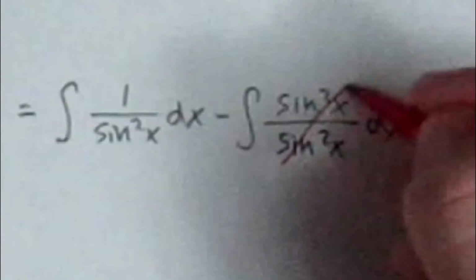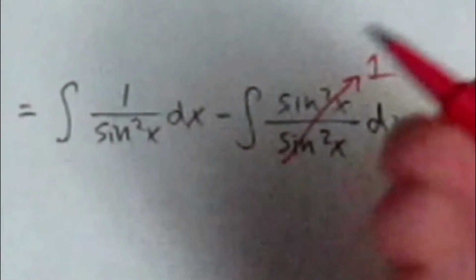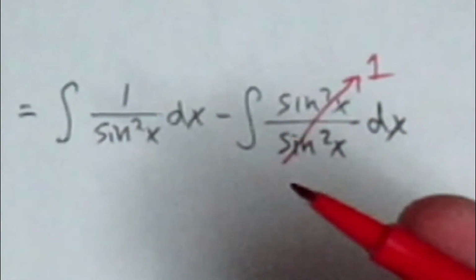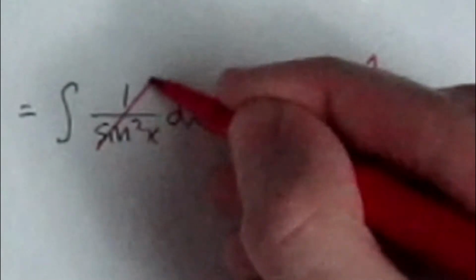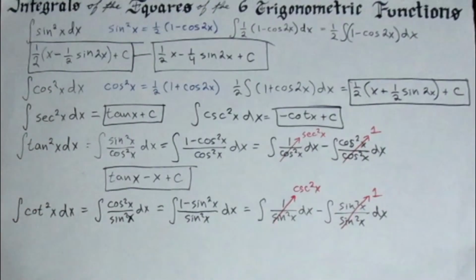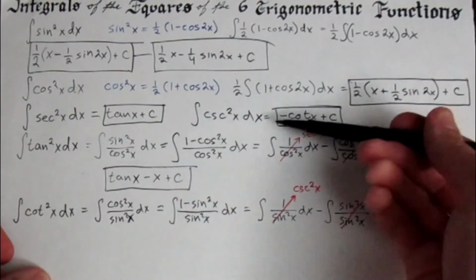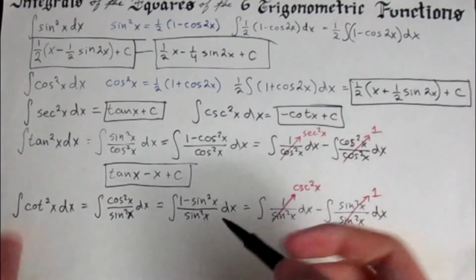What we're left with is that this becomes 1. And what's 1 over sine squared x? In trigonometry, 1 over sine is cosecant. So this becomes cosecant squared x. And what is the integral of cosecant squared x? It is what we did earlier, negative cotangent.